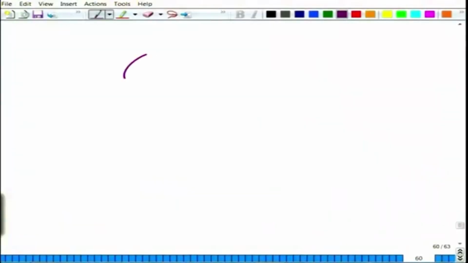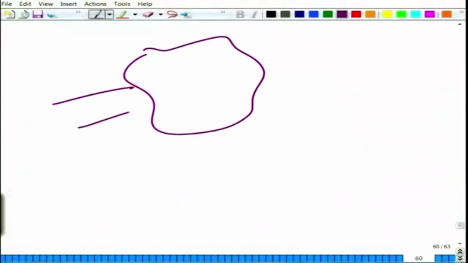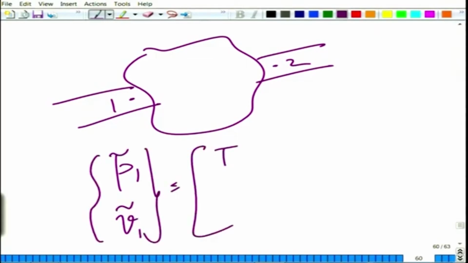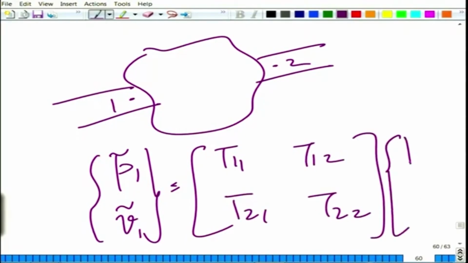Suppose you have a general element and you have an inlet point here, outlet point here, the relation between P1 tilde, V1 tilde, and T11, T12, T21, T22, P2 tilde, V2 tilde.